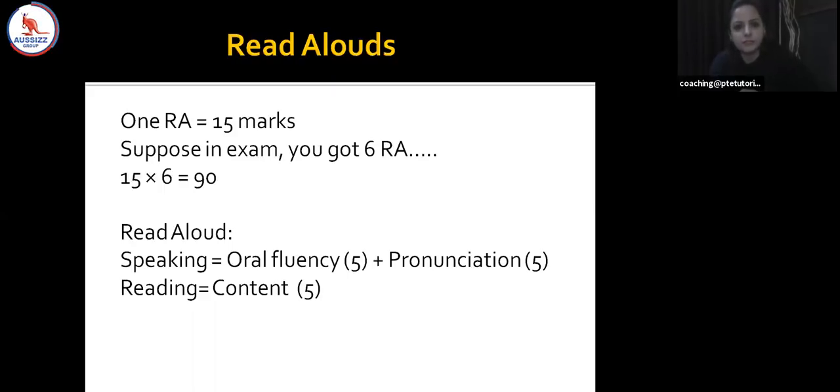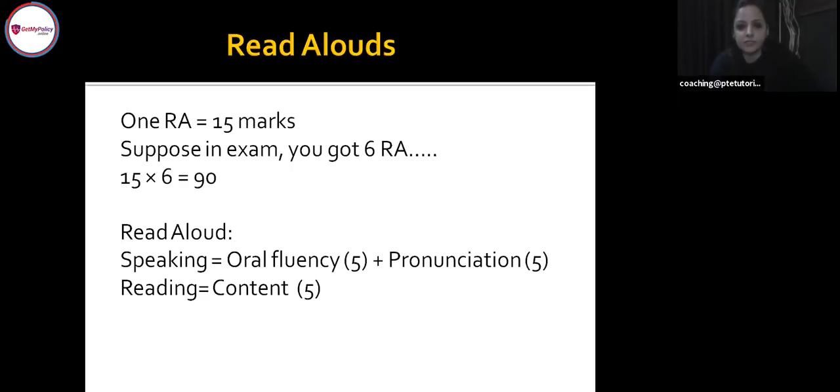On the other hand, this is one of the trickiest tasks, because the score I get from content is entirely dependent on the score of pronunciation. If I'm not pronouncing any word correctly, definitely I will not get the score for content. And if the content score is less, the reading score is less. That's why concentrate on read alouds.